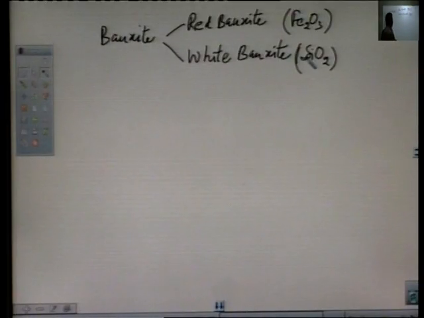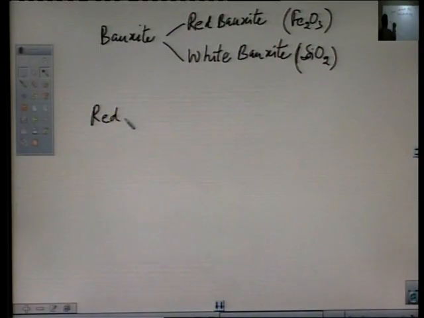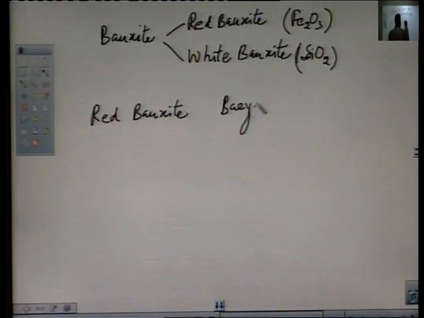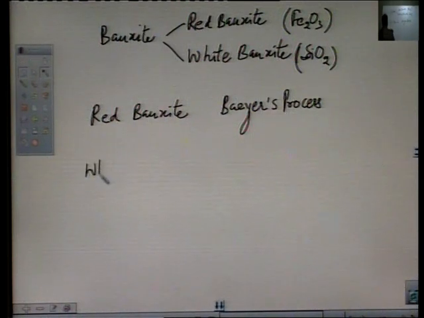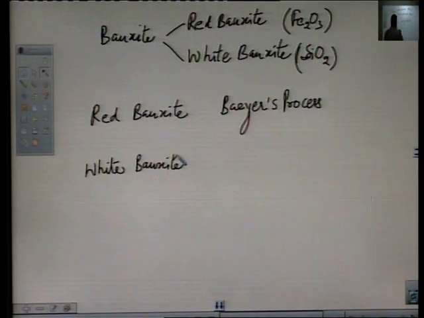The different methods available for purification of these bauxites are: for red bauxite there is the Baeyer process, and for white bauxite there is the Serpek process.